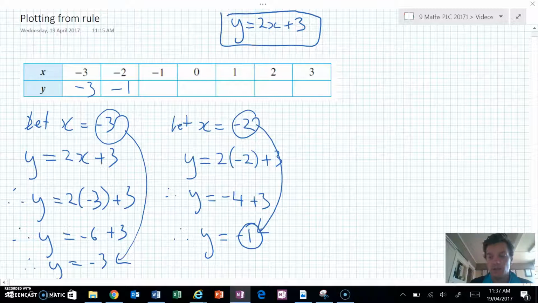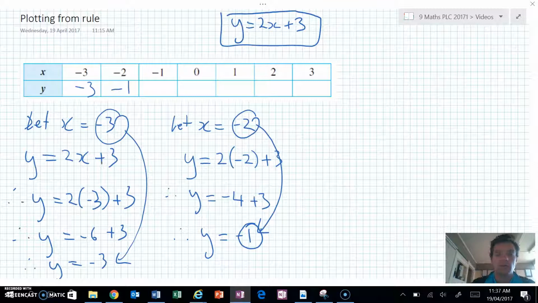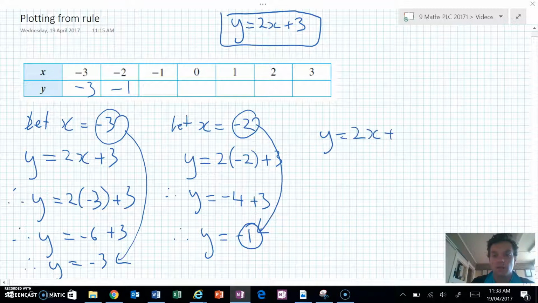Now what I've been doing there is obviously doing the full setting out when we do our substitution. If you're capable of doing it in your head, you can do that, but you do need to be really careful. Okay, so first of all, I'll just talk you through how it is I'm going to deal with doing it in my head. So I'm thinking of the equation y equals 2x plus 3. I know that I substitute the value x out and put in a -1.